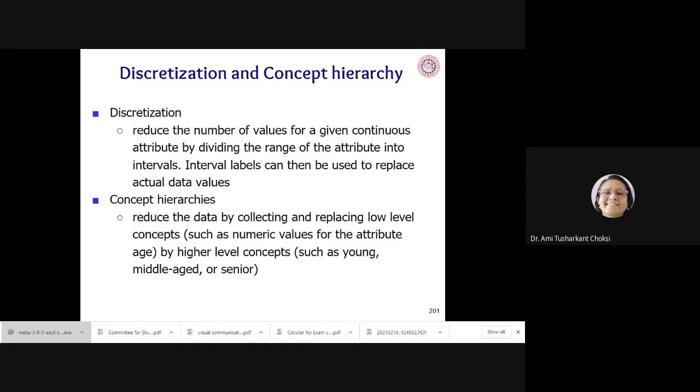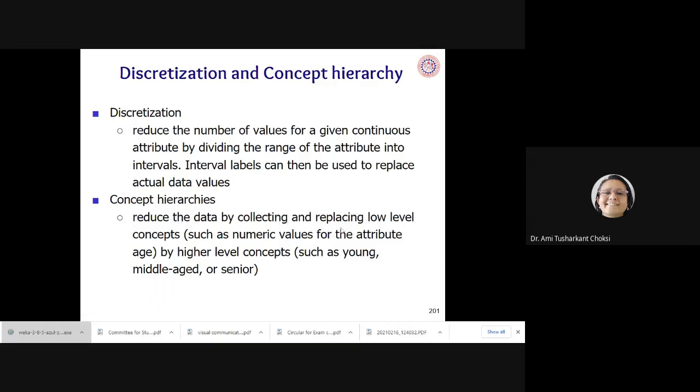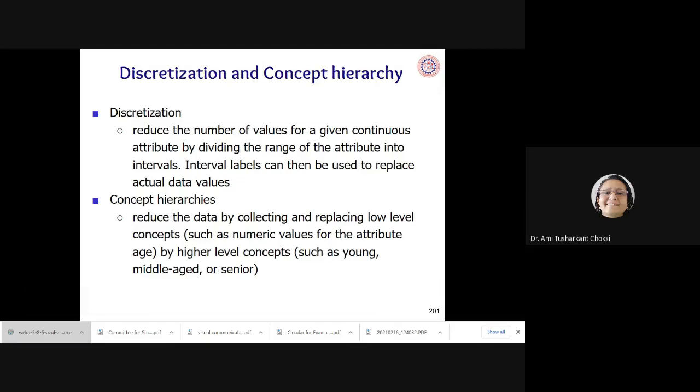So what is concept hierarchy? Let us check it out. It reduces the data by collecting and replacing low level concepts by higher level concepts. So what it says is, low level concepts are replaced by the high level concepts.